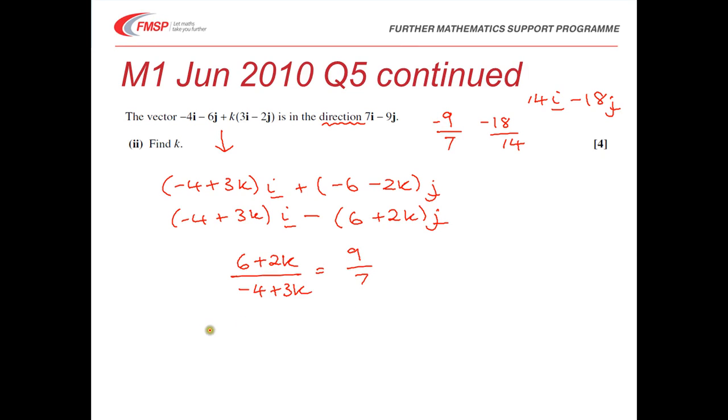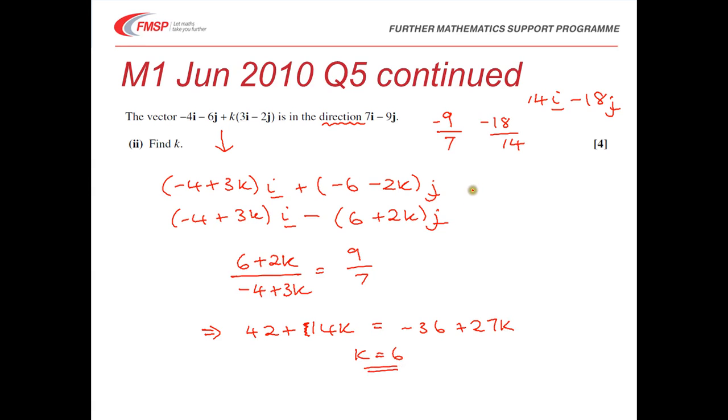So if I cross multiply, I'm going to get 42 plus 14k, I'm sorry, I've got an extra one in there, is equal to minus 36 plus 27k. And if you go through and solve that equation, it turns out that k is 6.